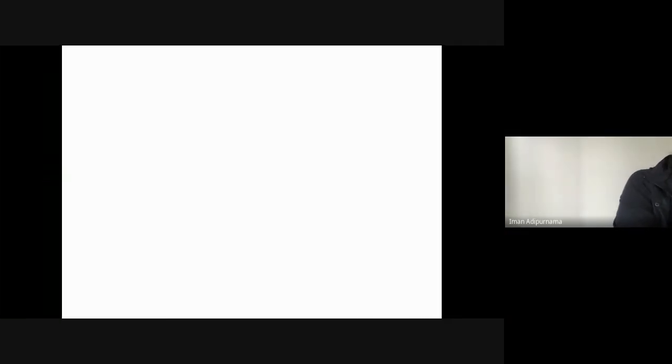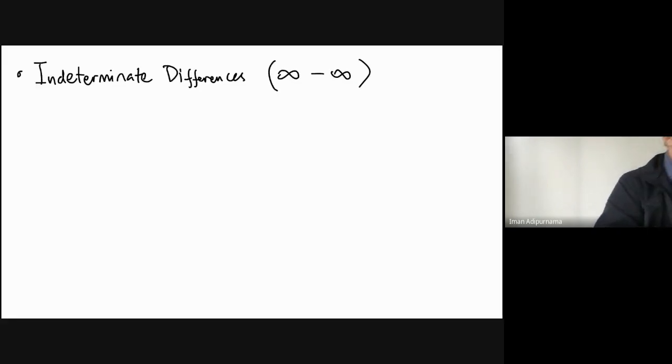Okay, another section. Indeterminate difference means infinite minus infinite. Before we look at the example, the indeterminate difference is when you have an infinity expression minus another infinity.